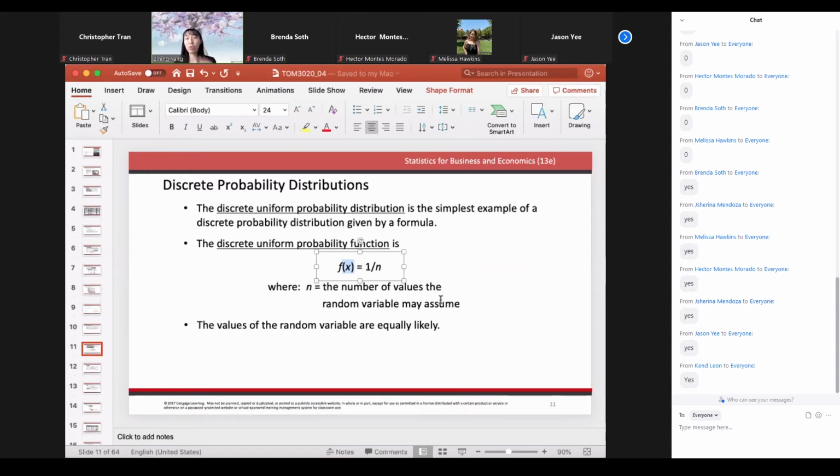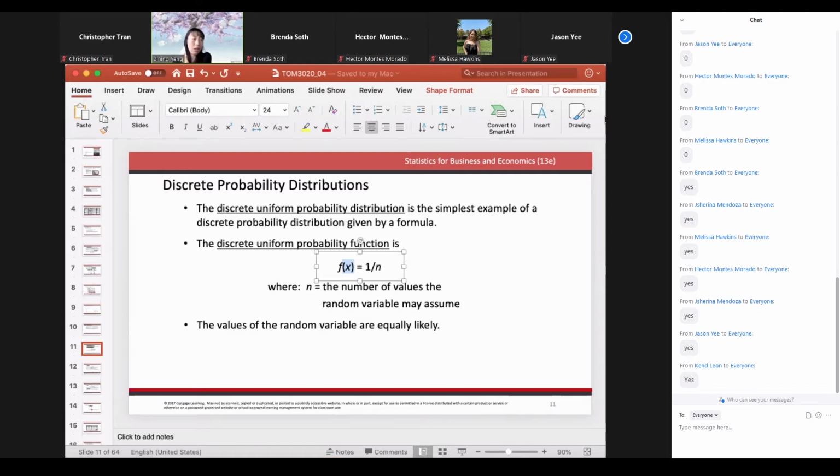Similarly, if I throw a die and let x be the number I see, then we can have 1 or 2 or 3 or 4 or 5 or 6. So there are 6 possible outcomes, and each one will just be 1 out of 6, equal probability. And that applies to a lot of situations.